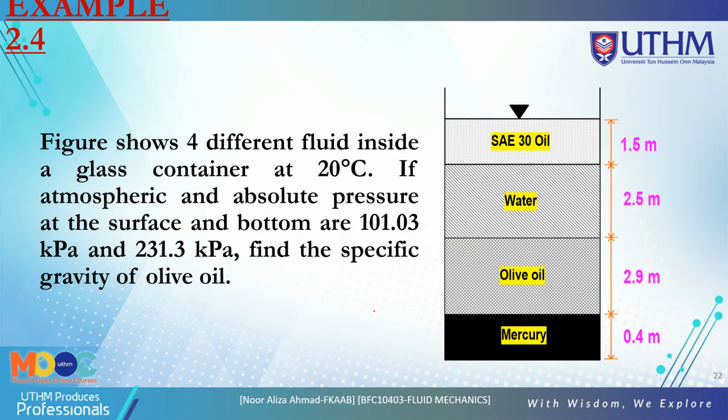Now this is an example with 4 different fluids. This example shows 4 different fluids inside a glass container, open to the atmosphere, so they have the atmospheric pressure here.